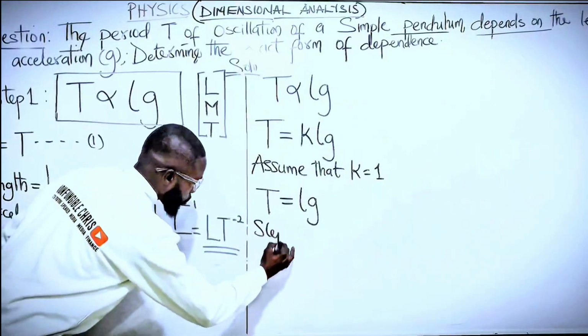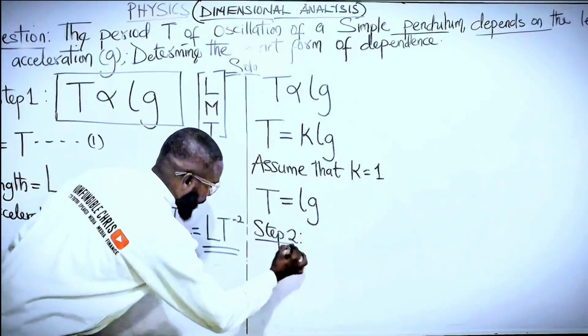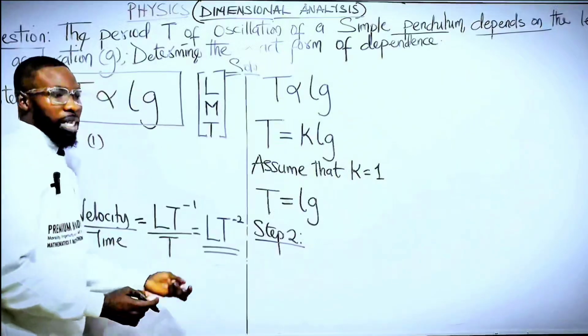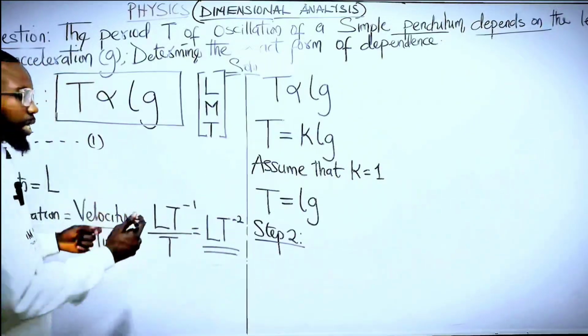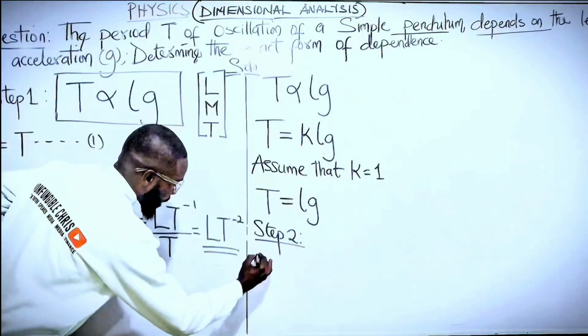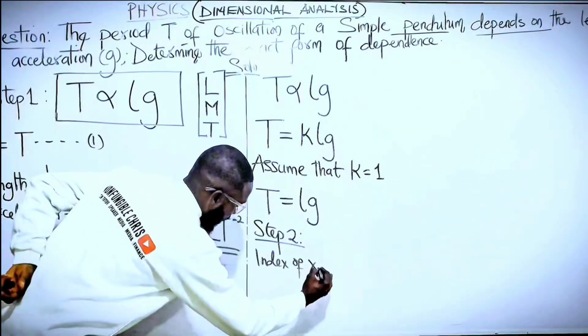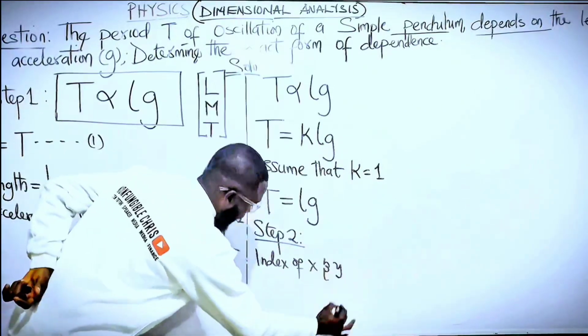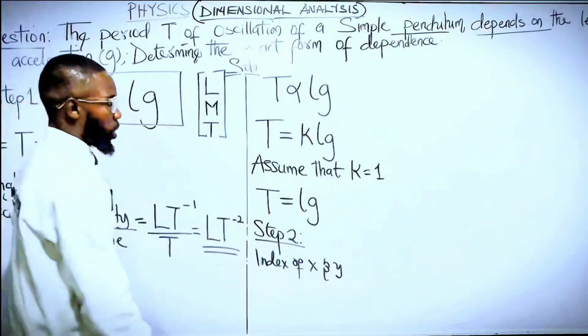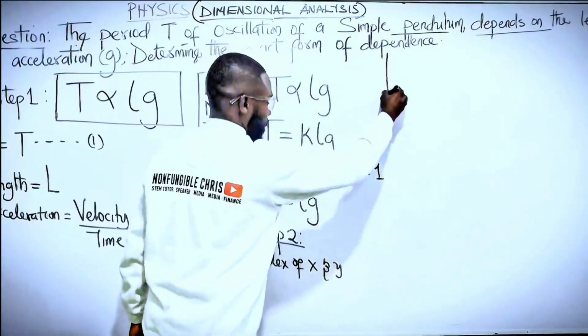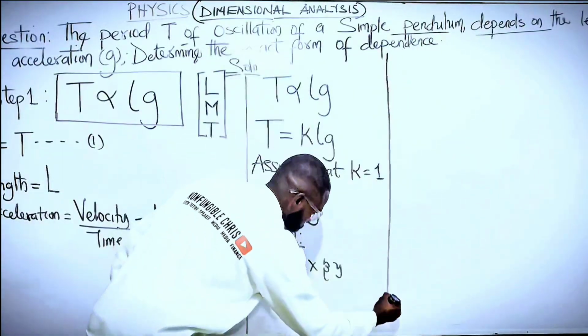Our step 2 is that we are going to fix our indices on the right hand side, fix our index of x and y. Fix 2 indices, right? So let me just put it here like this. Might not be that straight, but it's manageable.